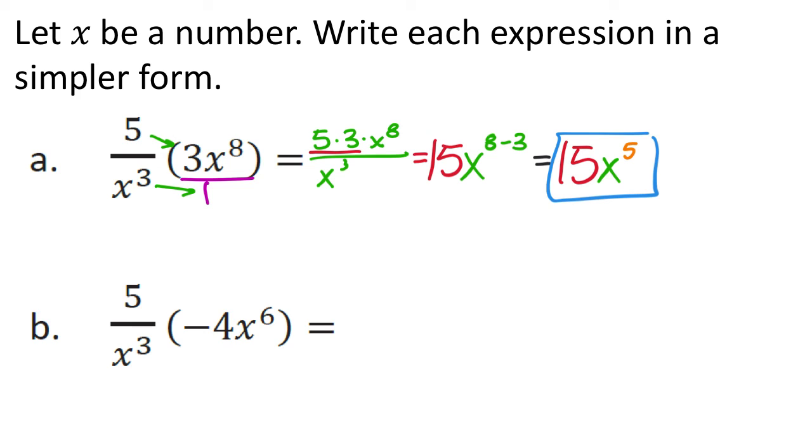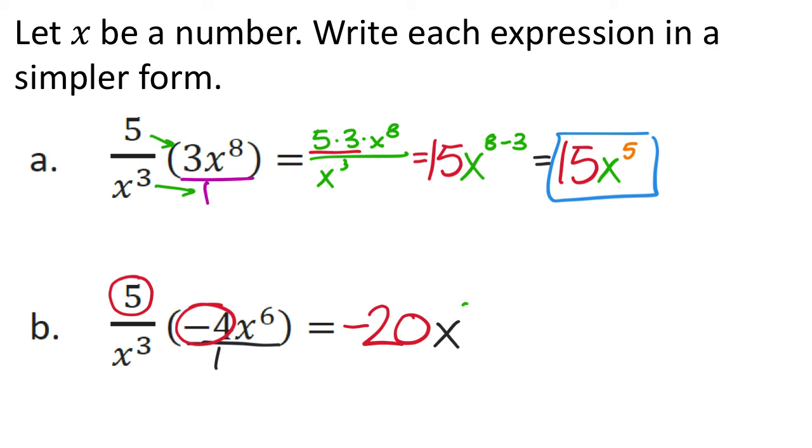So it's the same thing with this next problem. Again, that negative 4x to the power of 6, that's a numerator. Okay, which means you can just take the 5 and the negative 4 and multiply those to get negative 20. And then I see an x in the numerator and denominator. So I'm going to keep that base x, but I'm going to take the exponents.